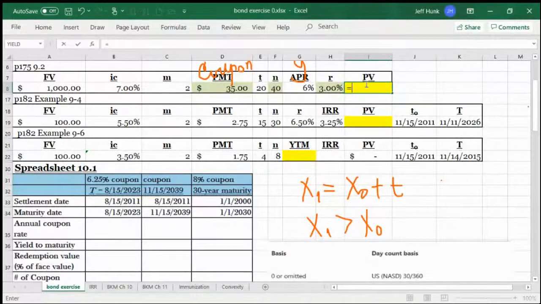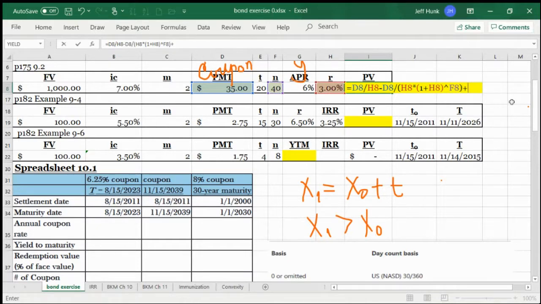We know the formula. First, it's the present value of annuities. So it's the payment over R minus payment over R times 1 plus R raised to N, close parenthesis.